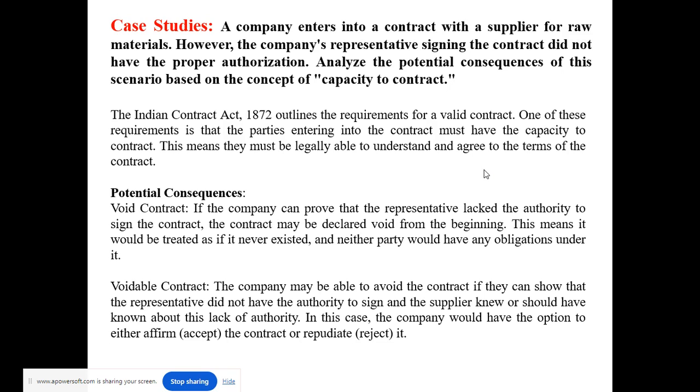The other possibility is a voidable contract. The company may be able to avoid the contract if they can show that the representative did not have the authority to sign and the supplier knew or should have known about the lack of authority. In this case, the company has the option to either accept or reject it.